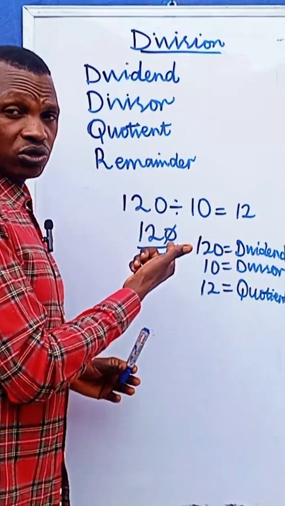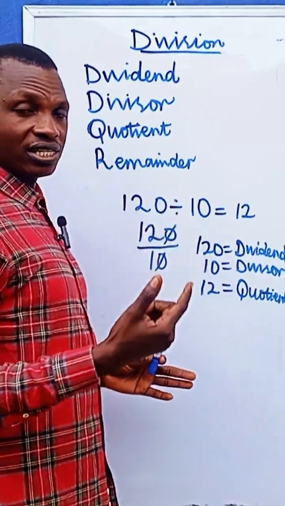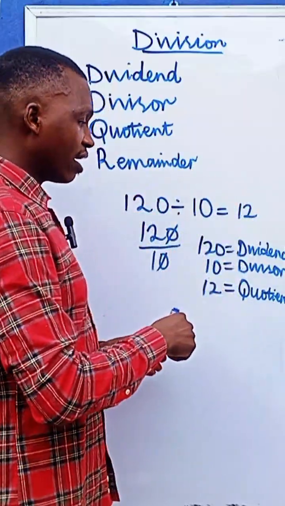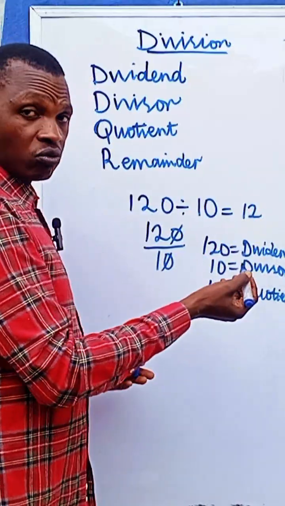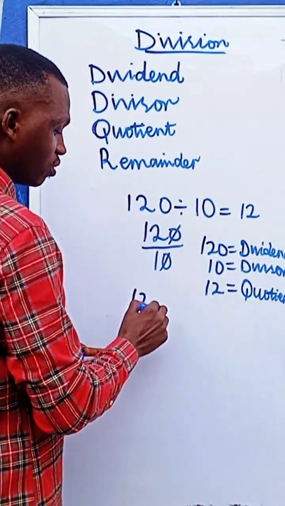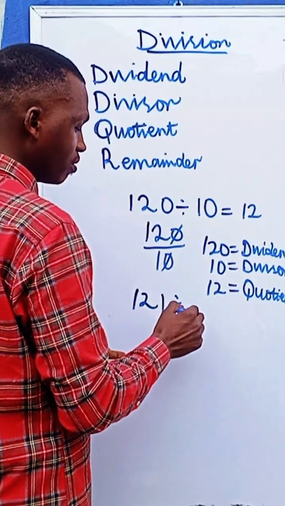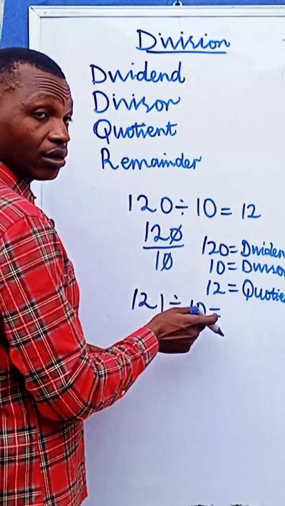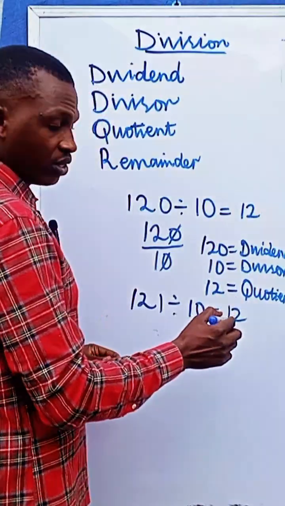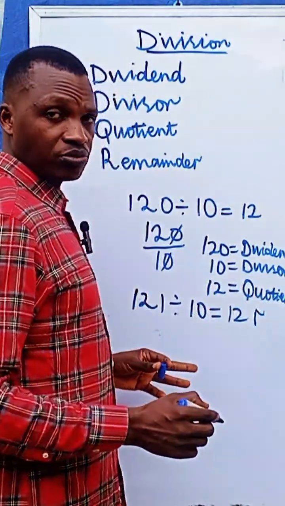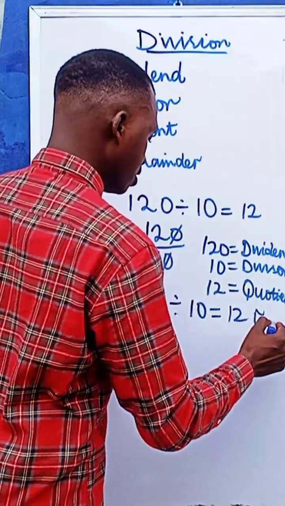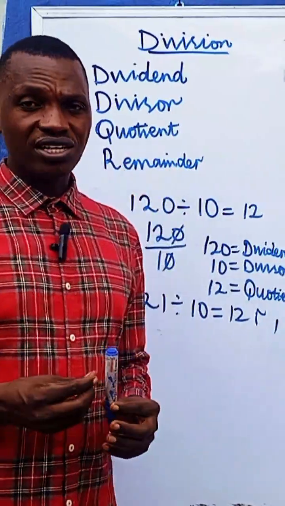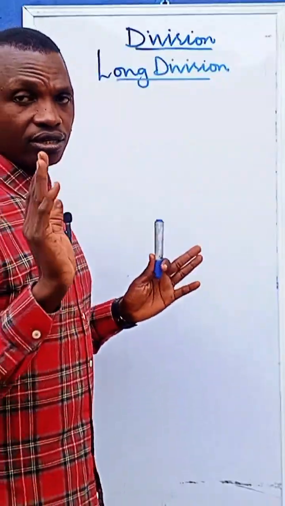For example, if this is 121 divided by 10, we know 120 divided by 10 equals 12. Then we use R to represent remainder 1. That is why this remainder is reflected here.